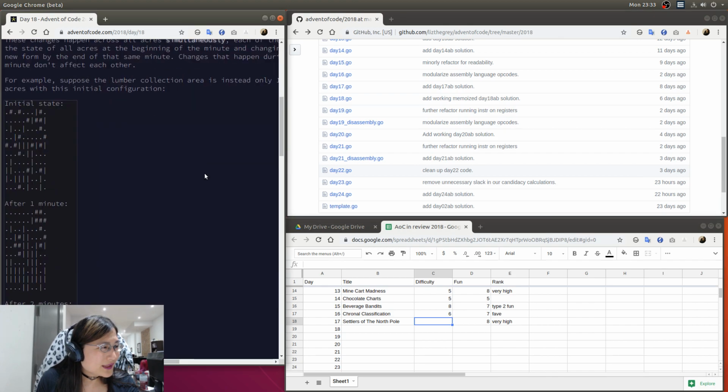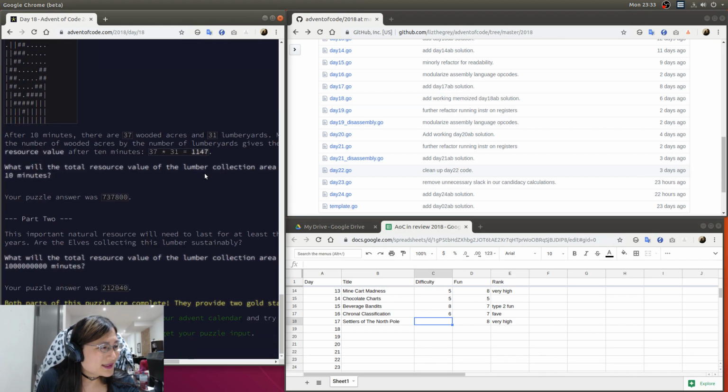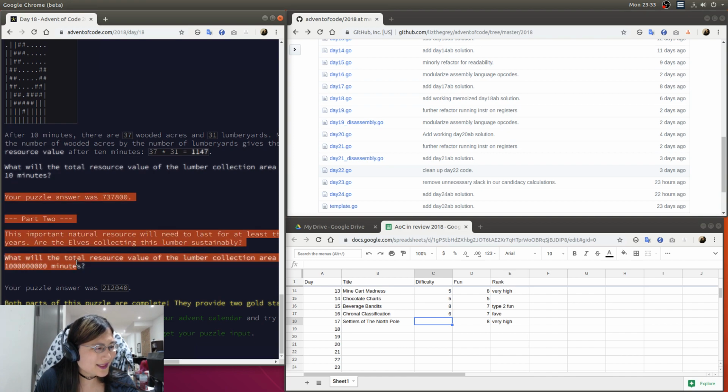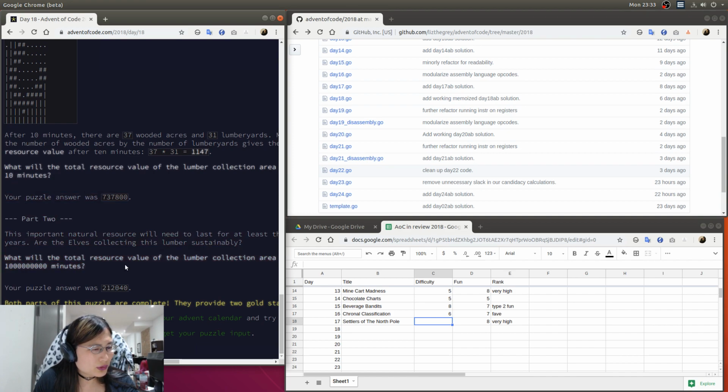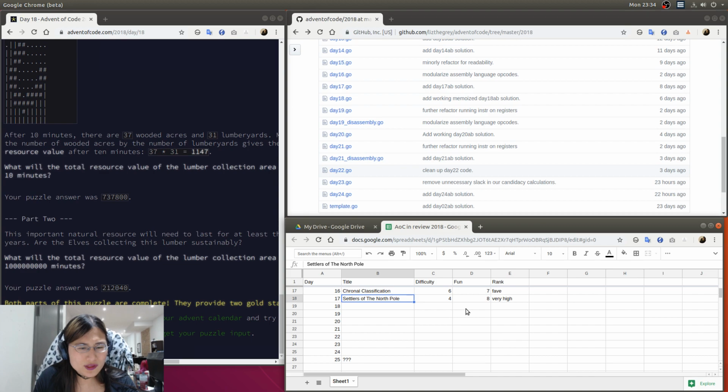And again, the tricky thing was it asked you to evaluate it for the long term, which required you to detect the loop rather than having to repeat it over and over again. So I thought it was not that difficult. I thought it was super, super fun.